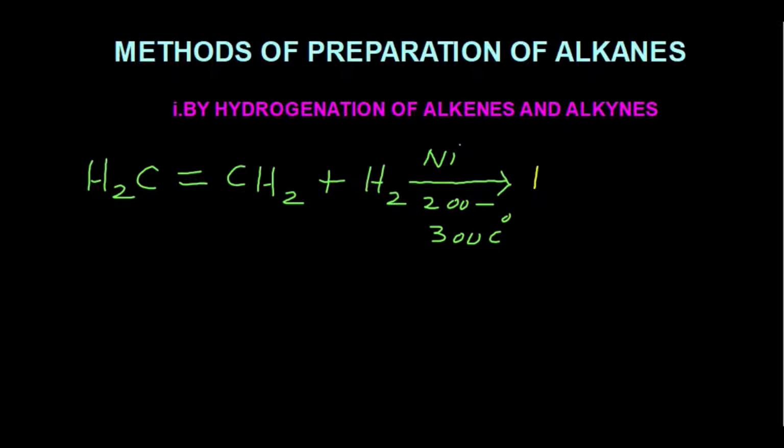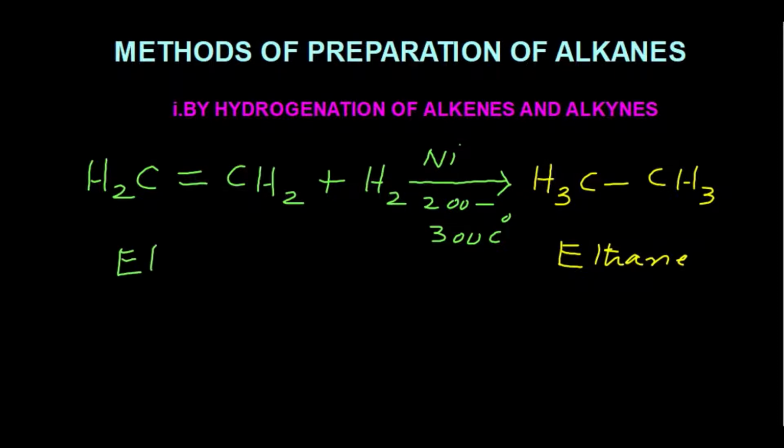Right students? Now if we do the hydrogenation of ethene, then hydrogen is added across the double bond. Where the double bond is present, hydrogen will be added, and in this way ethene is converted into ethane. From ethene we get ethane.